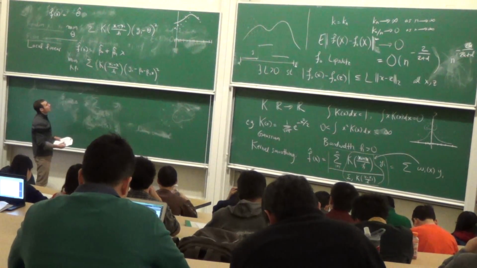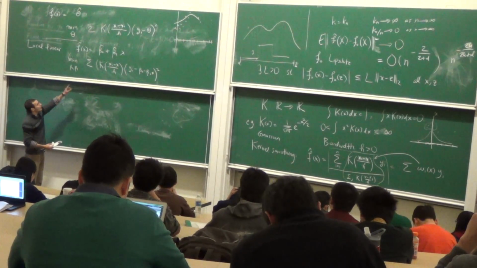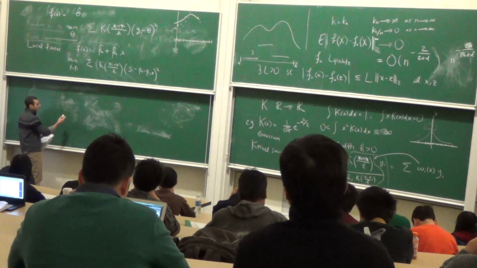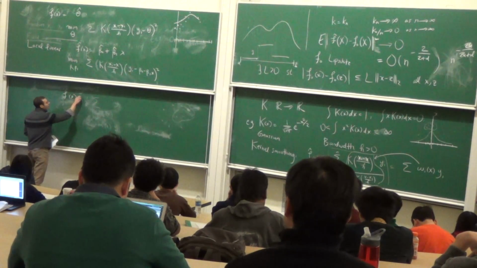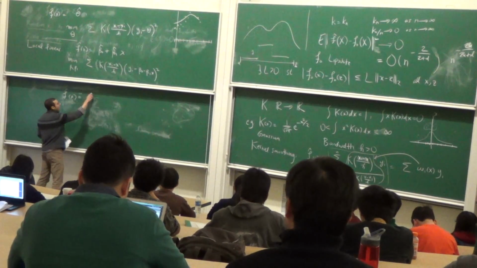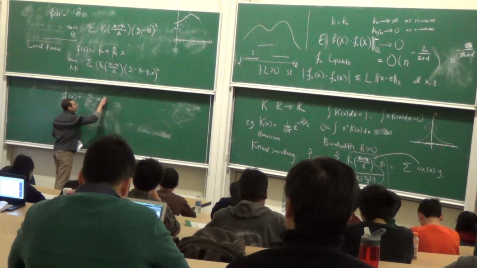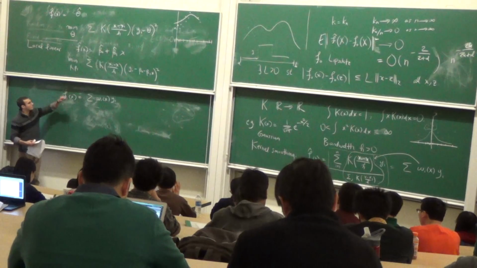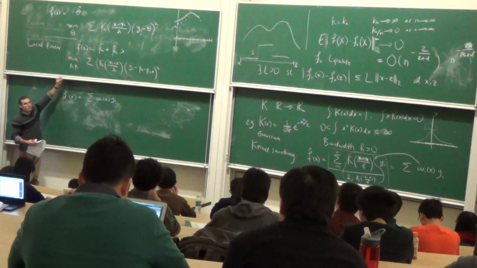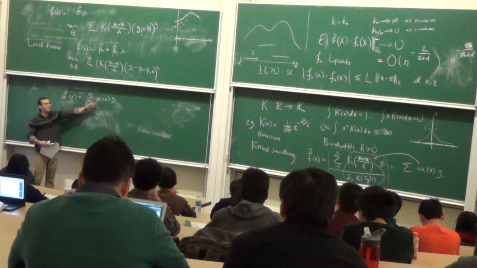Okay, so the first thing I want to do is, I claim that I can still, like I could in the last two cases, write this as some weighted function of the y_i's.